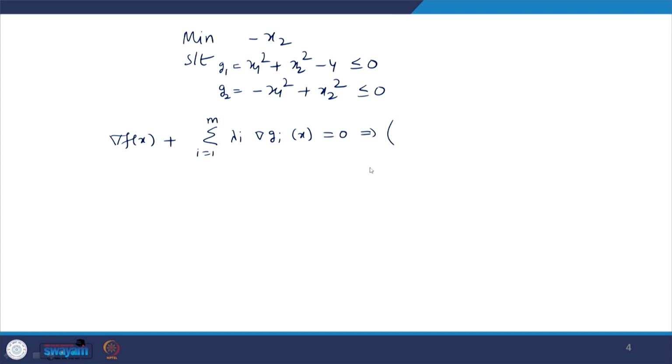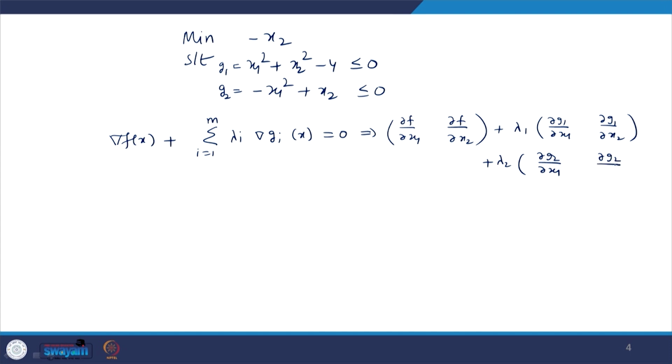So, gradient of f(x): first with respect to x1, it will be del f by del x1, del f by del x2, plus lambda 1 times gradient of g1, which is del g1 by del x1 and del g1 by del x2, plus lambda 2 times del g2 by del x1 and del g2 by del x2, which is equal to (0, 0). This is by the first KKT condition.